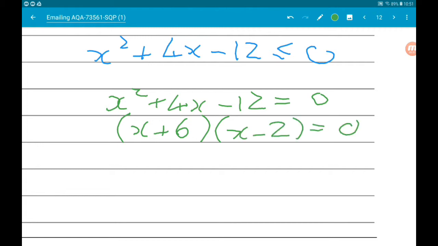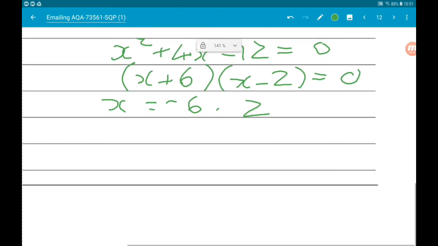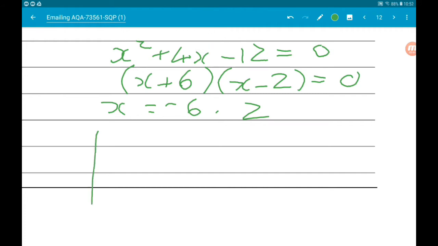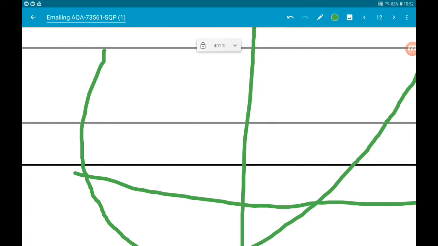And that gives us x values of minus 6 and positive 2. So the graph looks something like this, where this point over here is minus 6 and this point over here is 2.